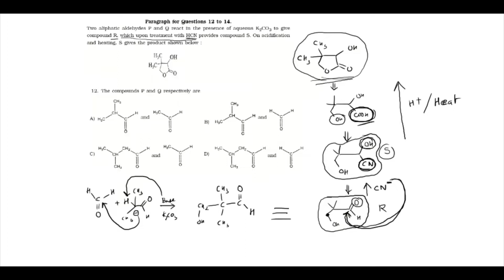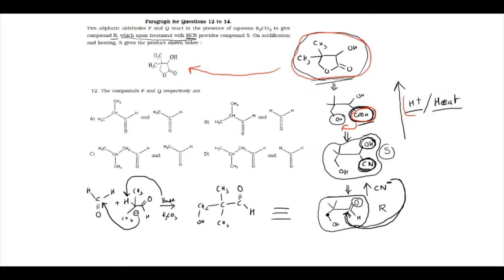Now we have this attached with a nitrile group here, and this nitrile group upon treatment with acid and in presence of heat will first get converted to this carboxylic acid group, and under the same condition, that means H plus and heat, this carboxylic acid group will undergo an intramolecular esterification reaction to give you the final product, and this final product is also matching with the structure given in our question.